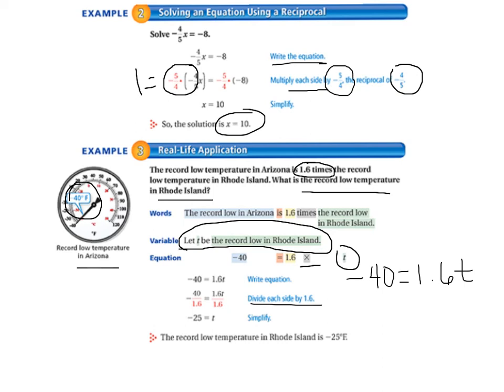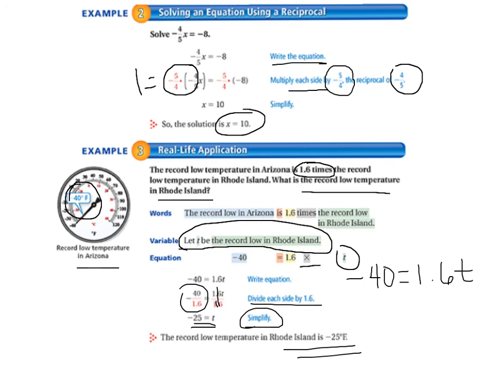So negative 40 divided by 1.6 is over here, and 1.6 divided by 1.6, that cancels each other out because it becomes 1. So you just have 1t there. And negative 40 divided by 1.6 equals negative 25. So that's your simplifying step. So the record low temperature in Rhode Island is negative 25 degrees Fahrenheit.